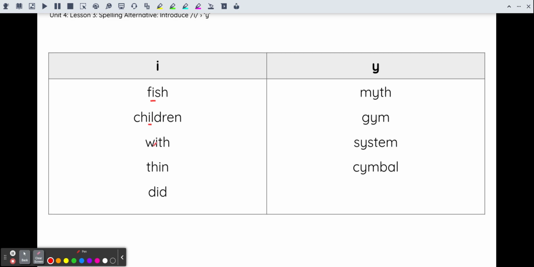With. Thin. Did. And then I sounds where the Y says I. Myth. Gym. System. And symbol.